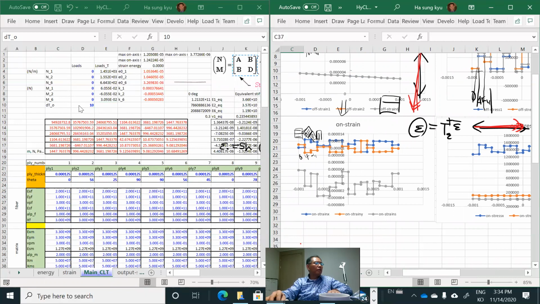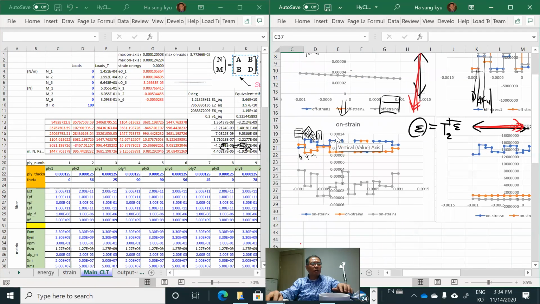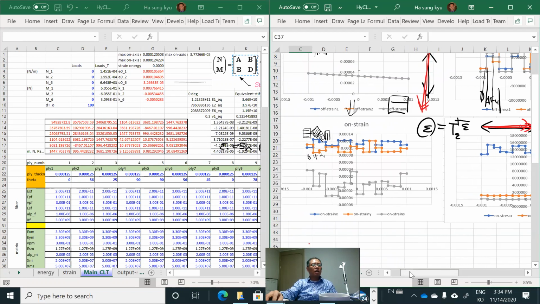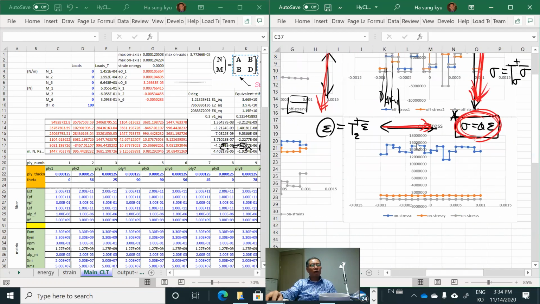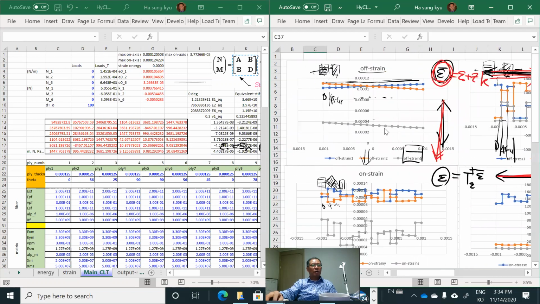Here, let's say easily 100 degrees, and we can have a very high stress and high strain. Strain is not too much, but this one has 0.00114. So this is the amount.